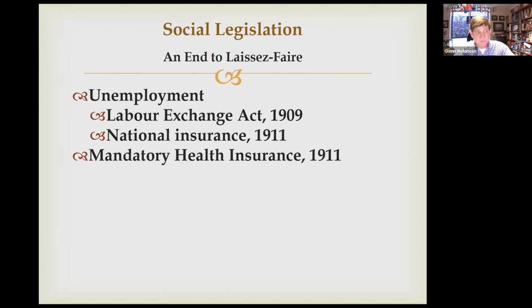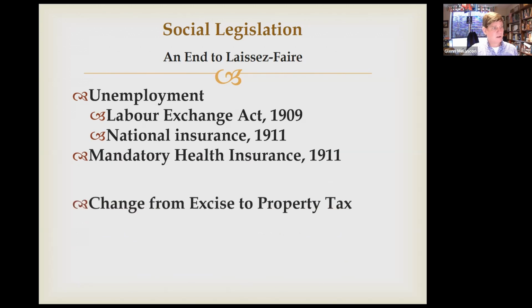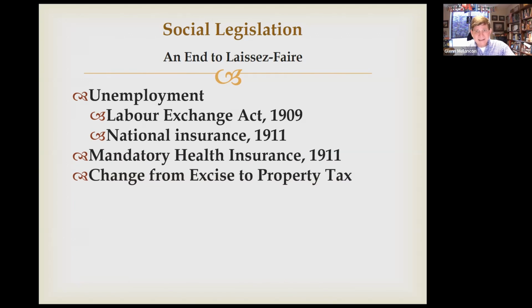One big improvement was mandatory health insurance, 1911. They changed the taxation system from an excise tax, which taxed consumption, to a property tax, which taxed wealth. All of these changes were made possible because more people were voting.